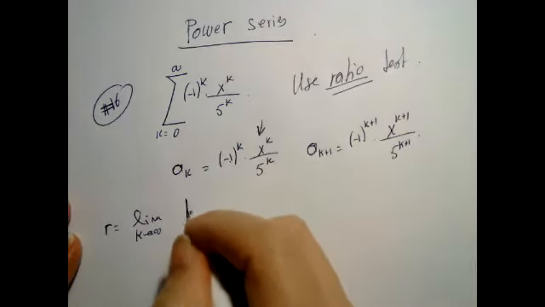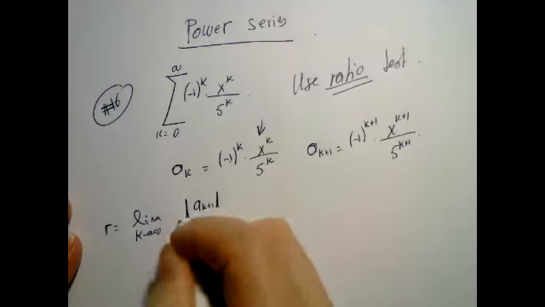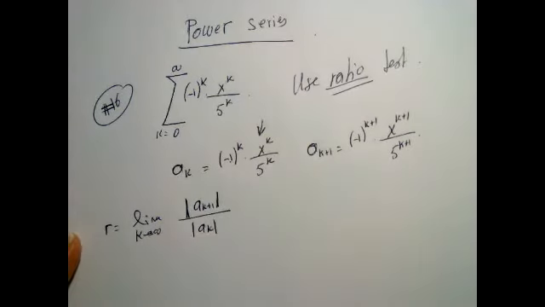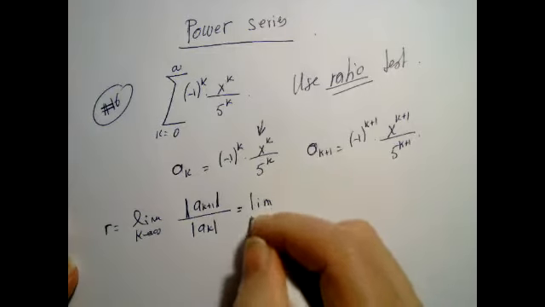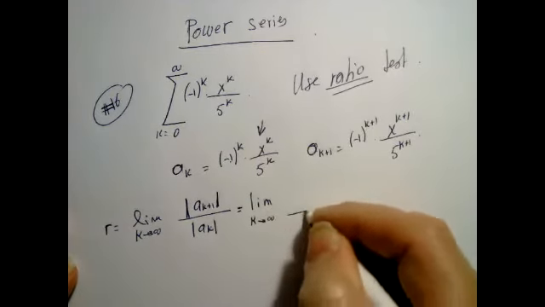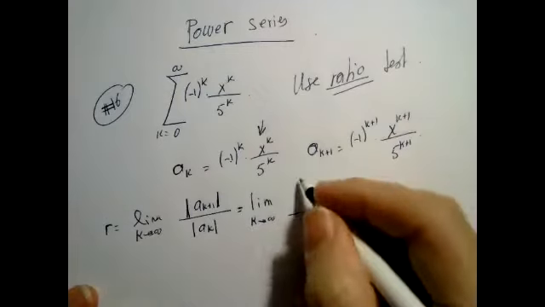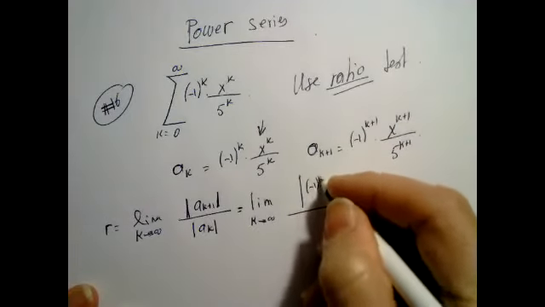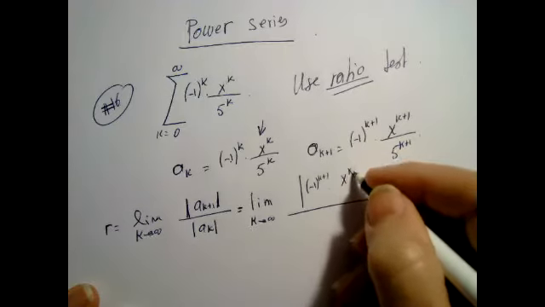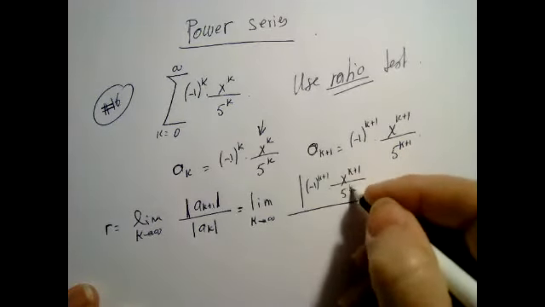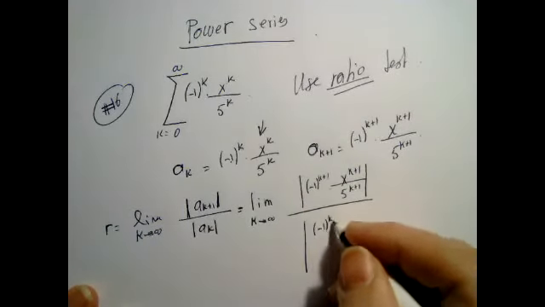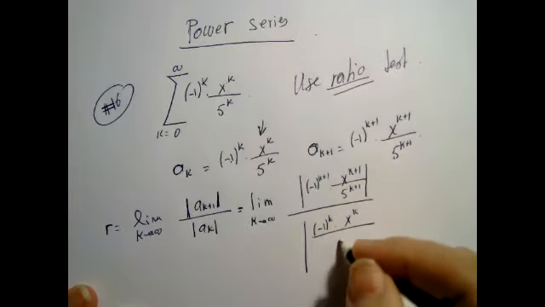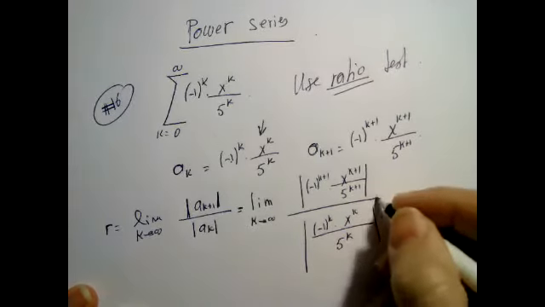So we're going to take the absolute value of a_(k+1) over the absolute value of a_k. This will give me the limit as k goes to infinity of the numerator (-1)^(k+1) times x^(k+1) over 5^(k+1), and the denominator (-1)^k x^k over 5^k.